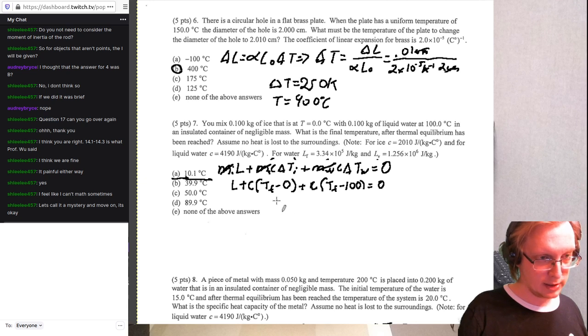When I combine these, L plus C, I get 2TF minus 100 equals 0.